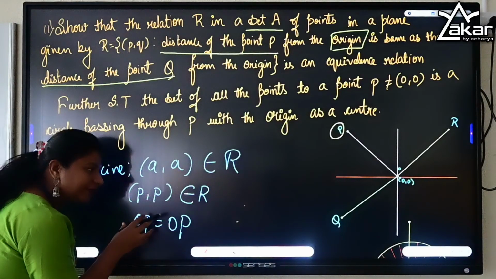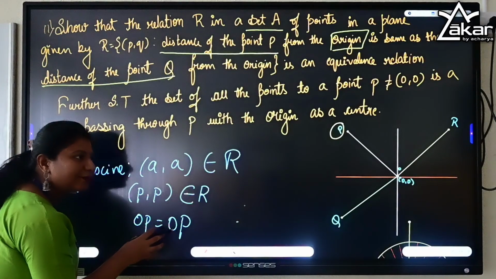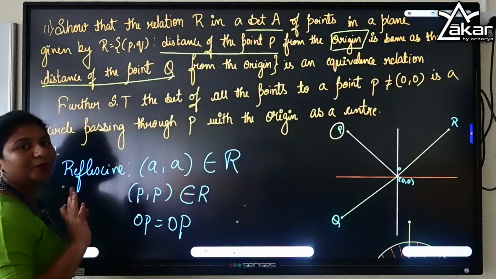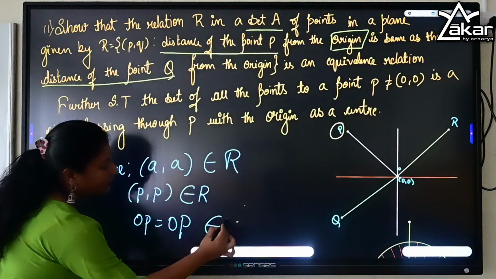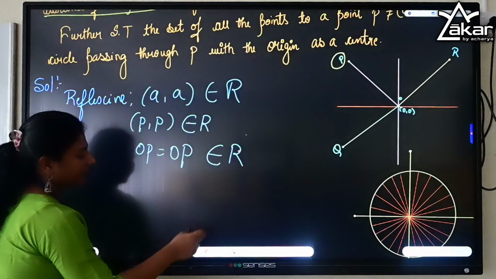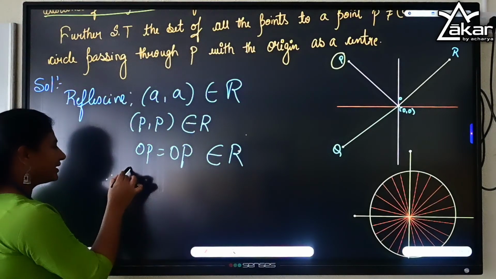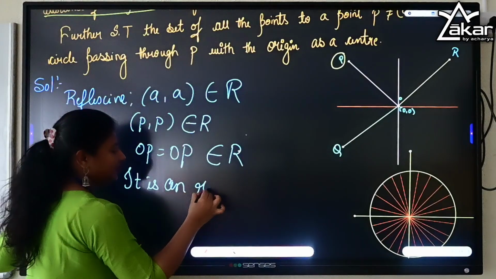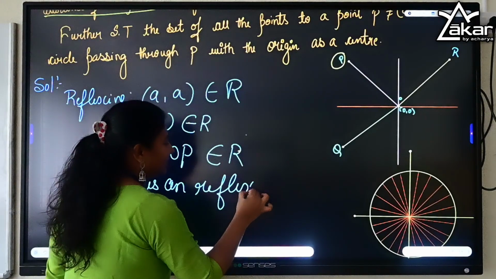That is, the point P is related to itself, and so it belongs to R. Therefore, it is reflexive.